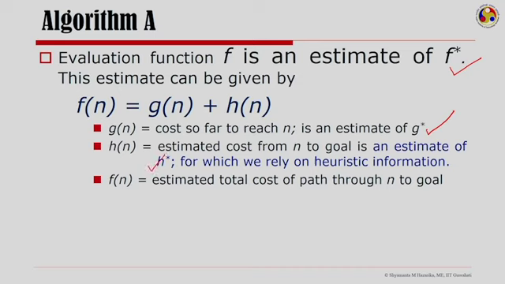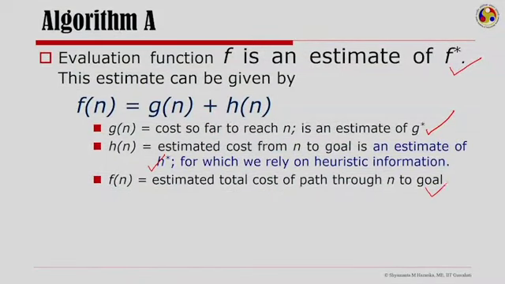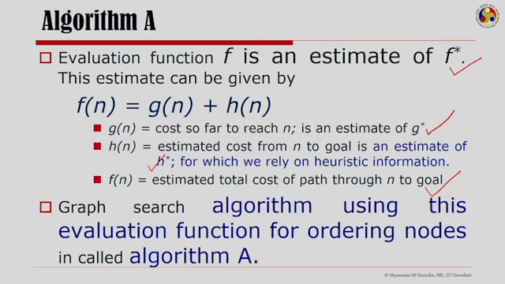And for h, this estimate alone, we rely on heuristic information. Given these two estimates, we have f of n, which is the estimated total cost of a path through n to the goal. Any graph search algorithm using this evaluation function for ordering nodes is called algorithm A.